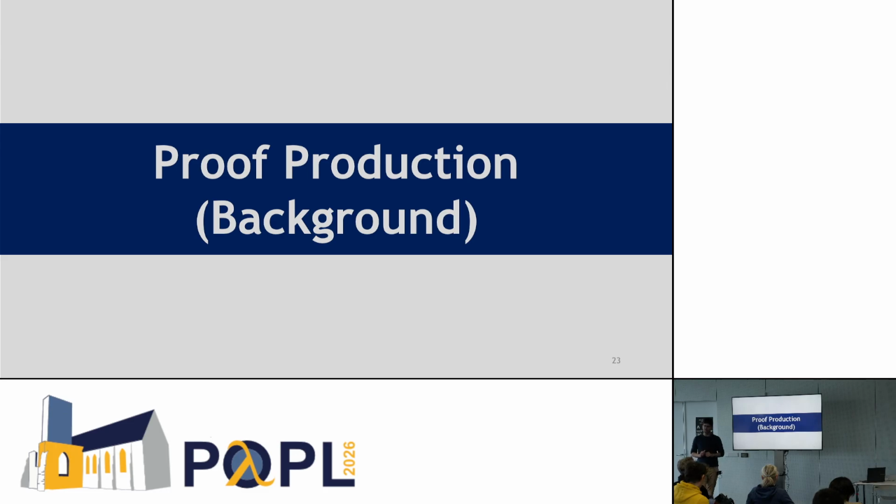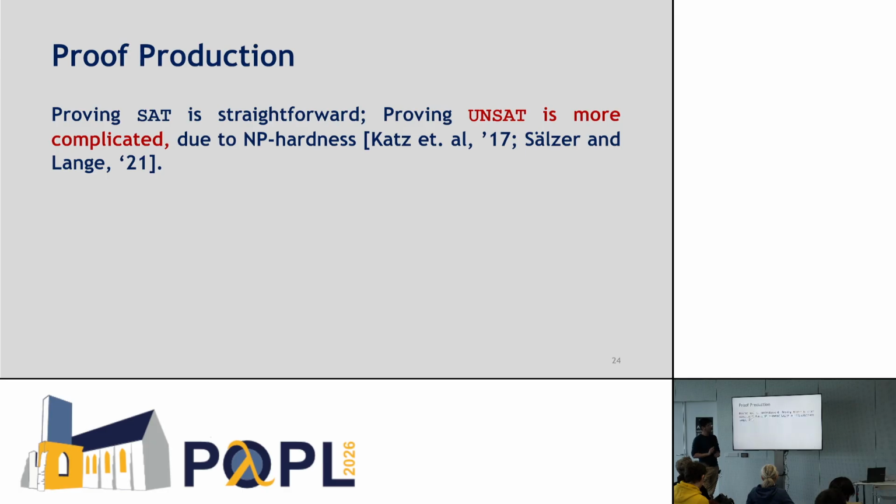So a few words on proof production. First of all, we're dealing with a constraint satisfiability problem. And as such, proving satisfiability is rather straightforward because we can use a satisfying assignment. However, proving unsat is more complicated, and again, we have the complexity theoretical result to ground it.